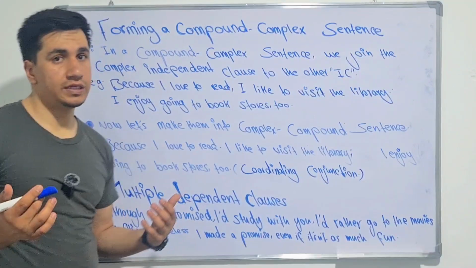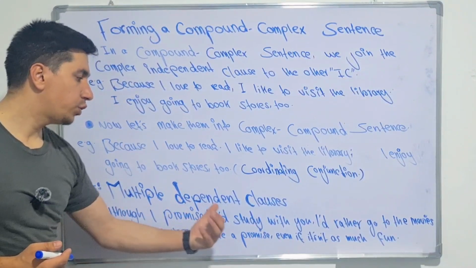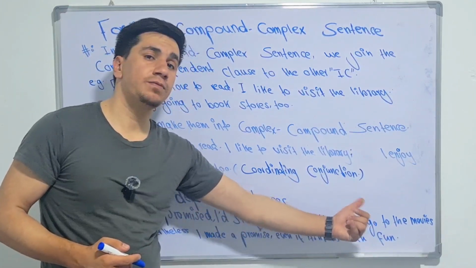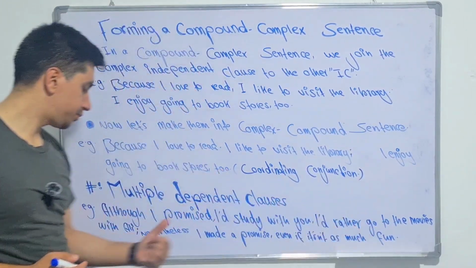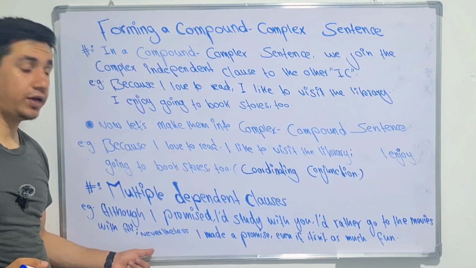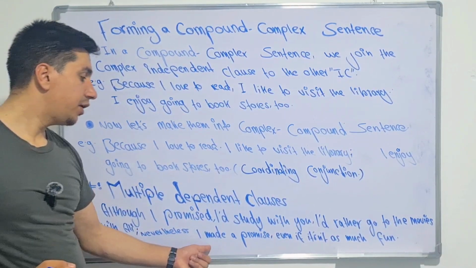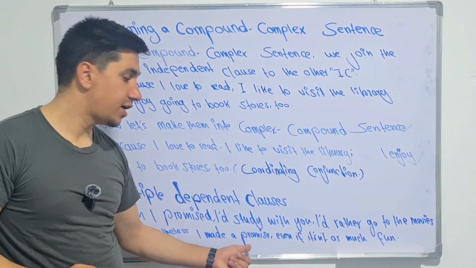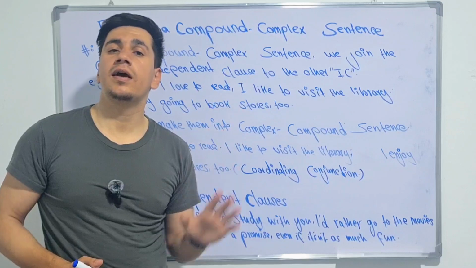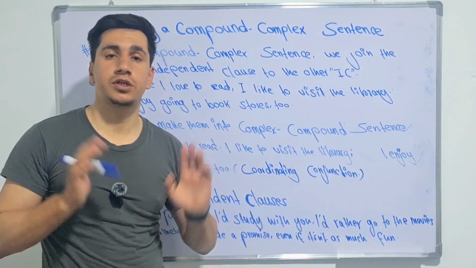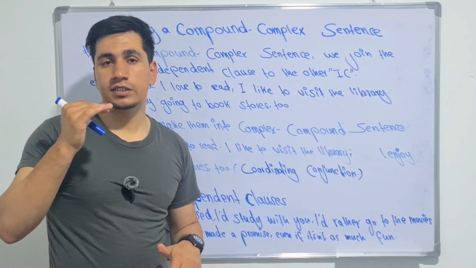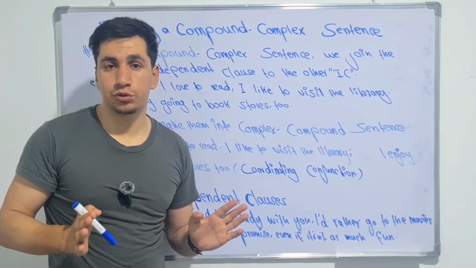Here we say, although I promised I would study with you, I would rather go to the movies with Ellie. Nevertheless, you see, nevertheless is the conjunctive adverb. Nevertheless, I made a promise, even if it isn't as much fun. Even if is a dependent clause, or we can say subordinate clause. In a sentence, many dependent clauses, or subordinate clauses, can also be available.